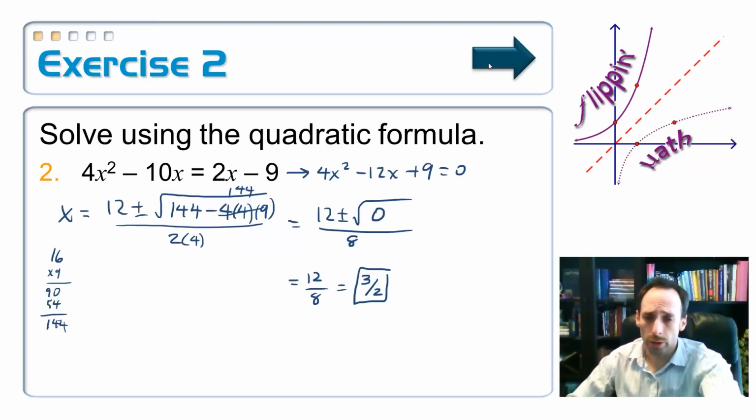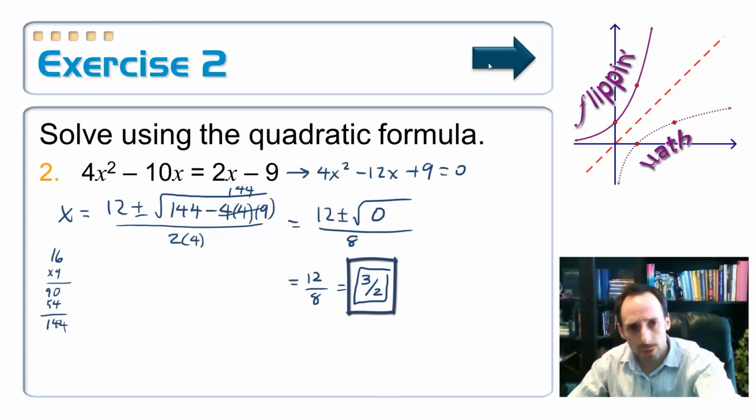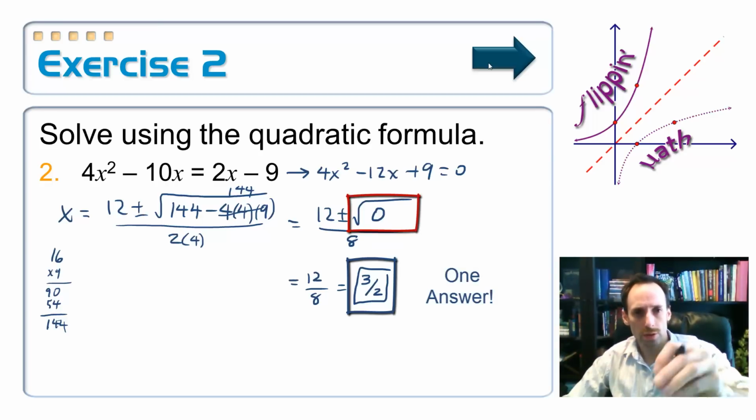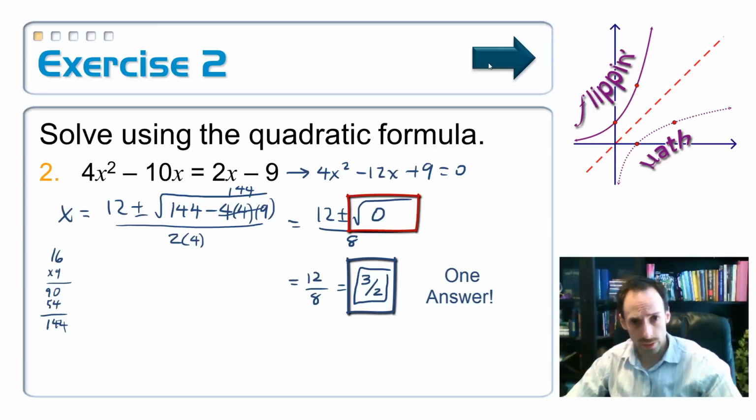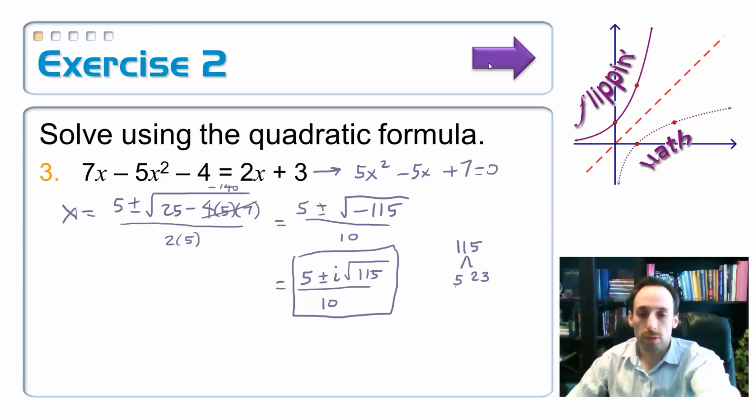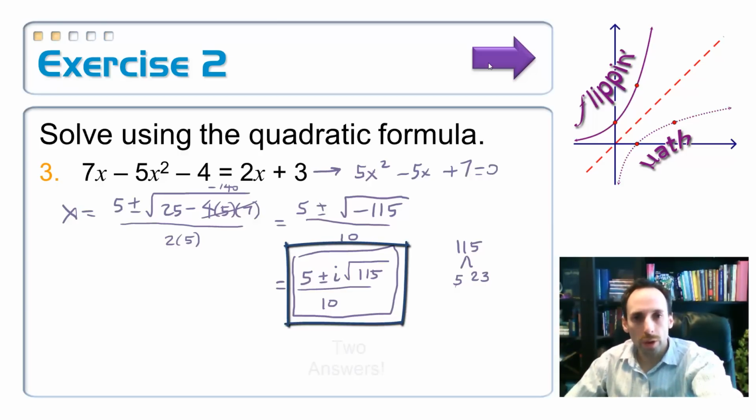On the second one, all I get was the fraction 3 over 2. The reason why I only got one answer is because of that square root of 0 that was right there. I'm adding and subtracting nothing, so I only have one answer. Okay, that's the key. This last one here, 5 plus or minus i square root 115 divided by 10. I have 2 answers there.